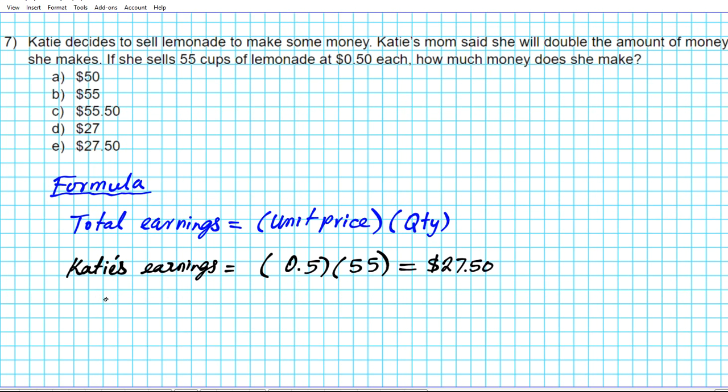Is that all she made? No. How much Katie made is doubled, since Mom doubles her earnings. Doubling basically means multiplying her earnings by 2. What's her final earning going to be?